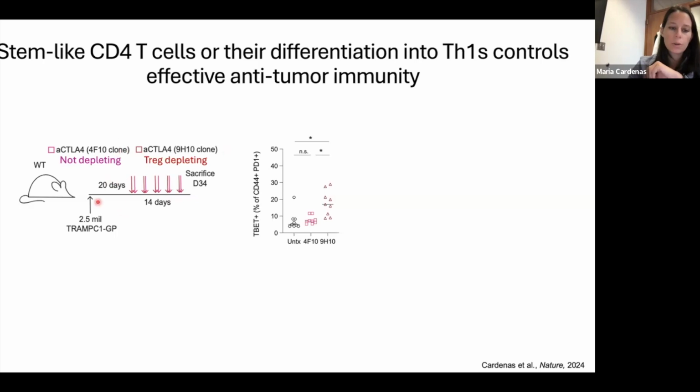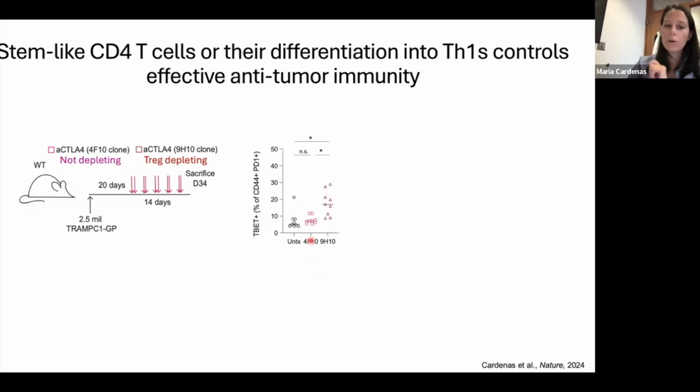And in a very similar experiment, we wait 3 weeks and we treat with either one of these clones and we assess the phenotype of the CD4s. And what we find is that it's only within the Treg depleting clone that we get a change in the stem-like differentiation population towards a Th1 state. The blocking clone itself is not sufficient to change the differentiation state of these cells. They stay locked in and they continue Treg differentiation.